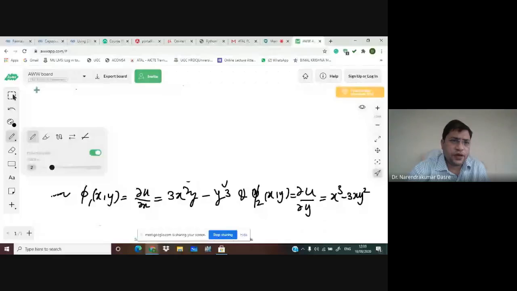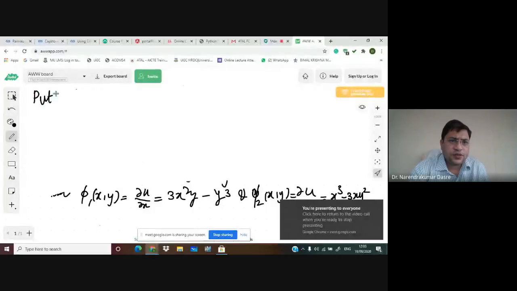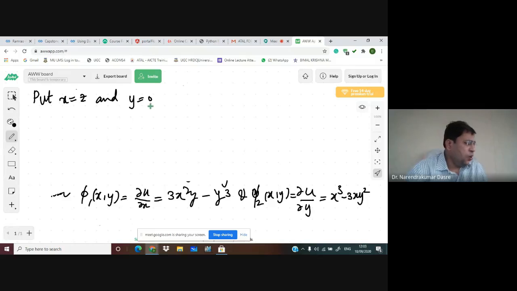So what we have, the third step now. We put x is equal to z and y is equal to 0. We consider this as equation 1 and this as equation 2.